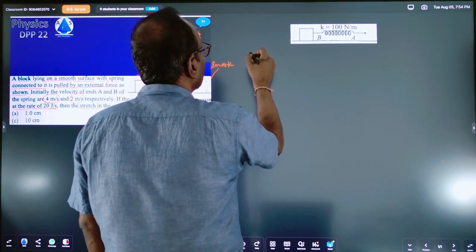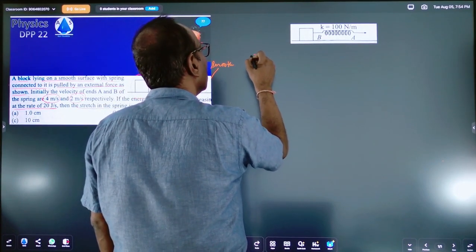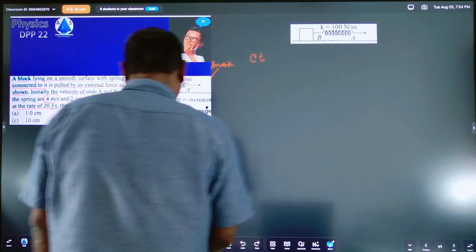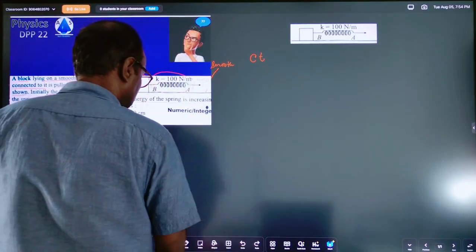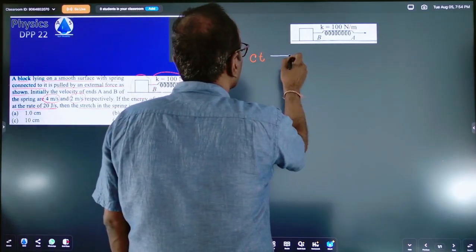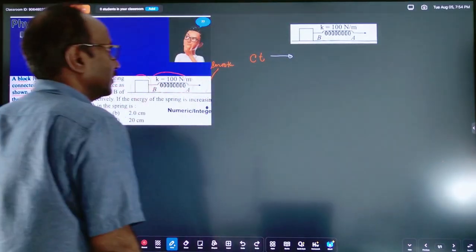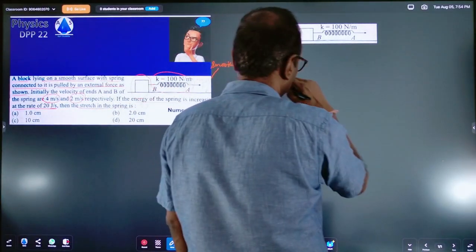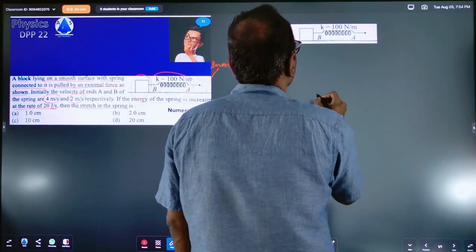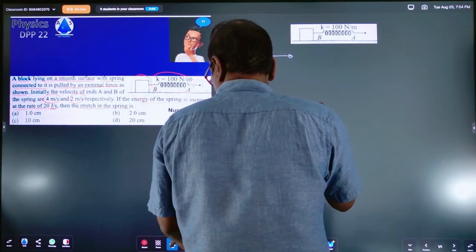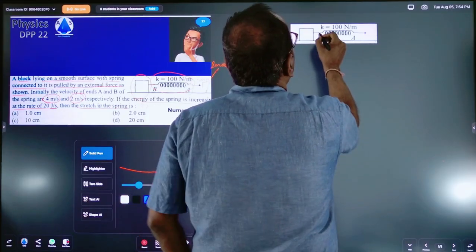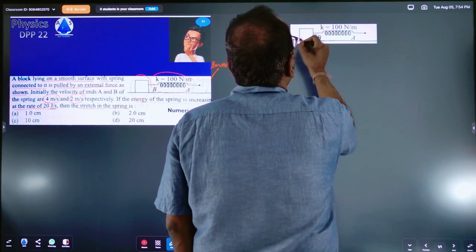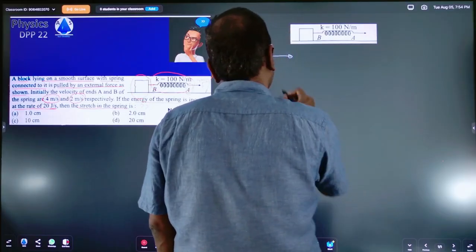So let that instant be t. We start working on it. The point B is directly connected to the block.